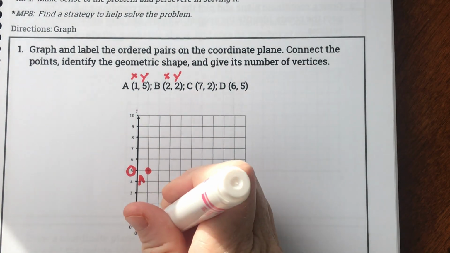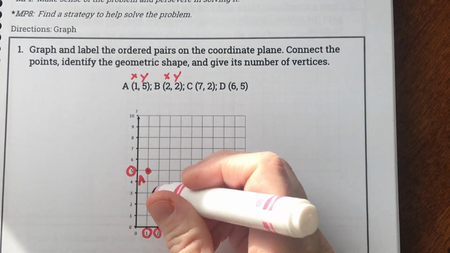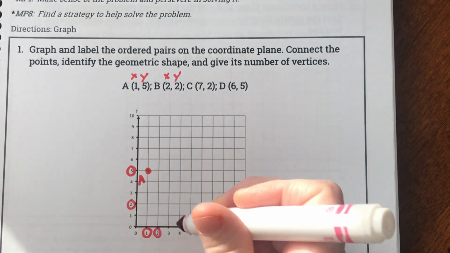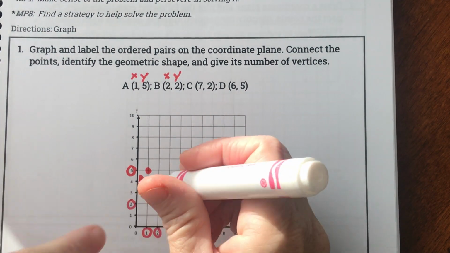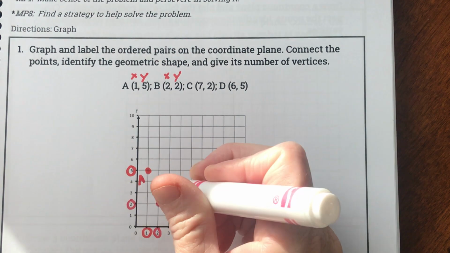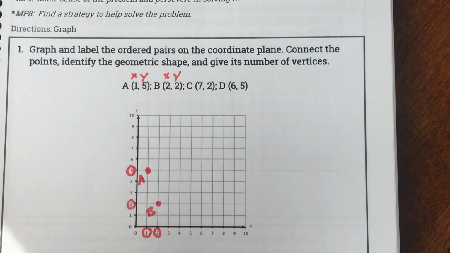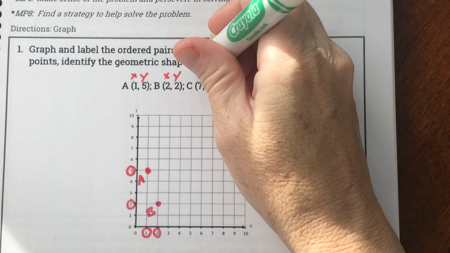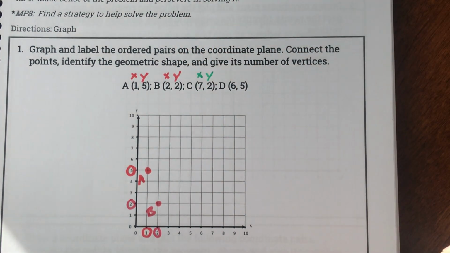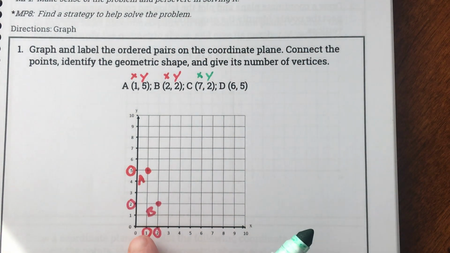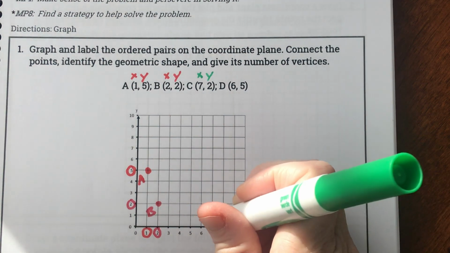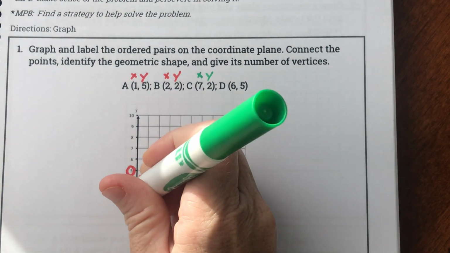So this one, I tried pink, but it looks like red. 2, 2, and they meet right there. And that is where B is. Let's use my green. So C is x, y, and my x is 7. And my y is 2 again.